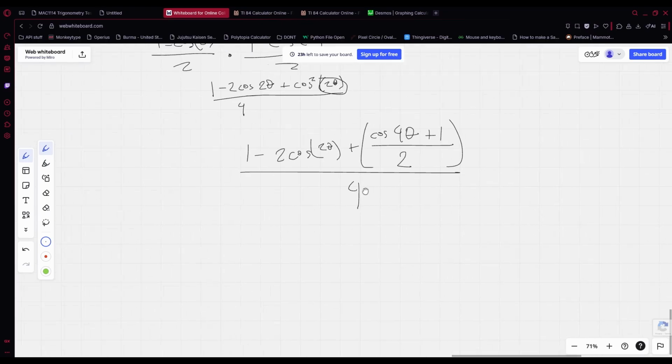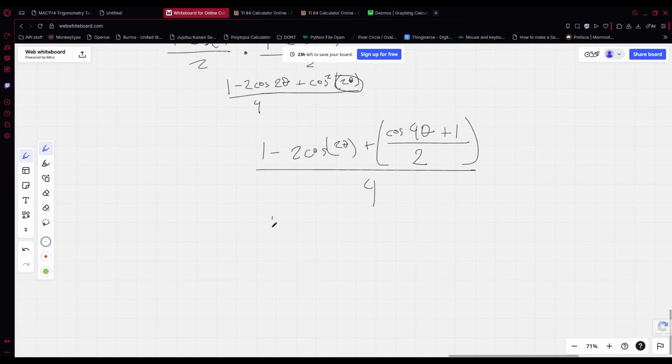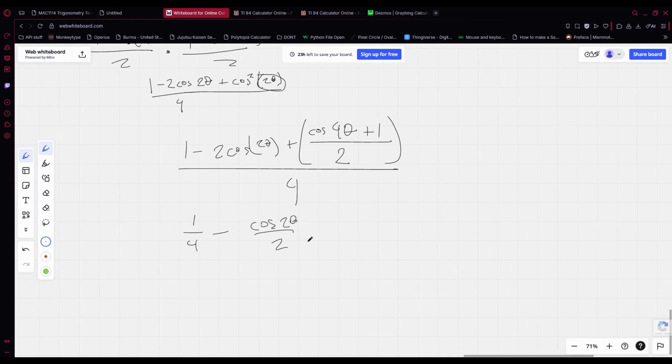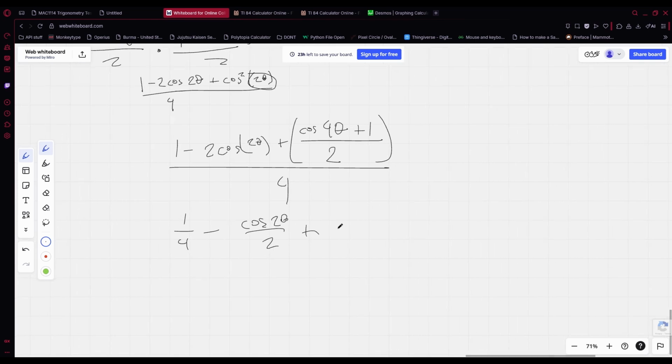So we say, okay, we have 1 over 4 minus cosine 2 theta over 2 plus cosine 4 theta plus 1 over 8.